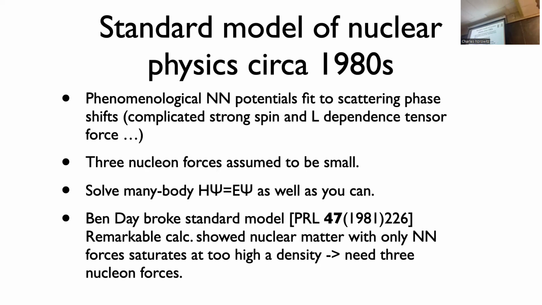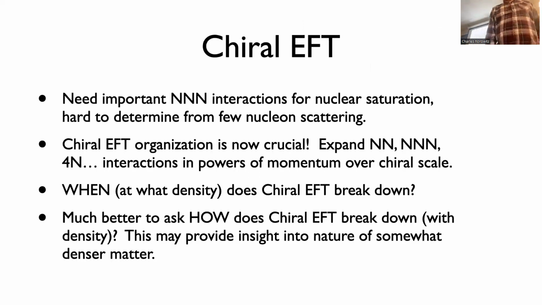So if you just had 2 nucleon forces with no 3 nucleon forces, you'd get nuclear density wrong. So you needed 3 nucleon forces. And that turned out to be revolutionary. So let me say, you need important 3 nucleon interactions to get nuclear saturation right, to get the density in the center of nuclei. We'll come back to that.